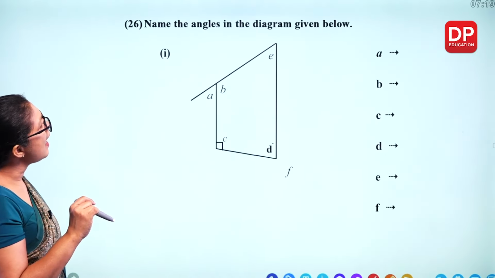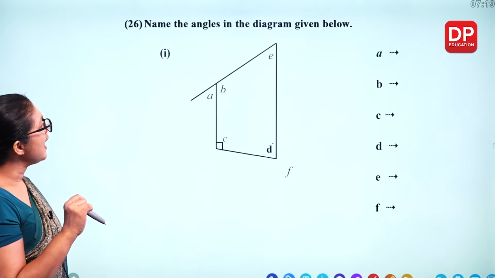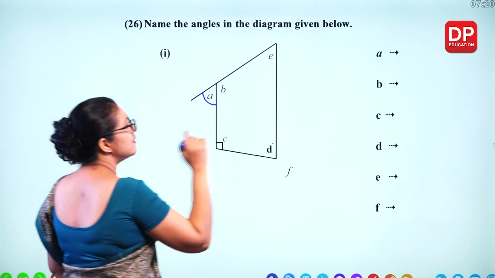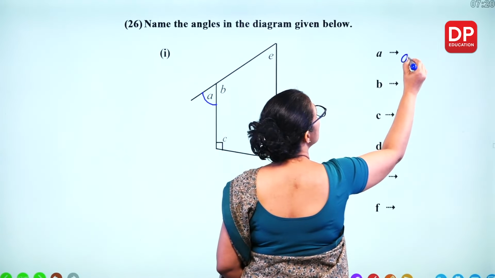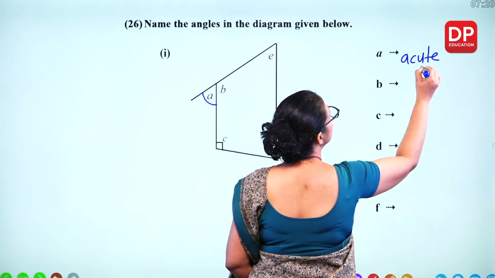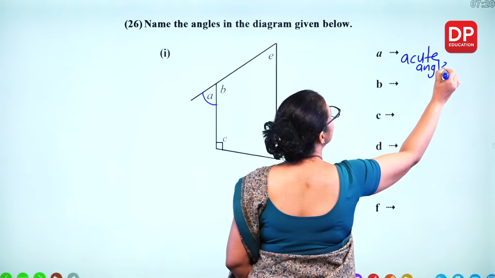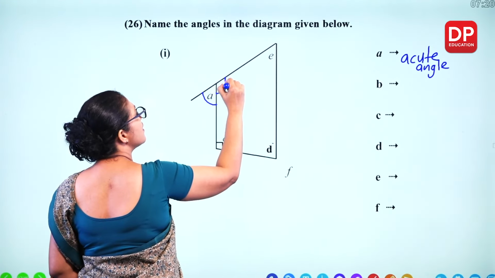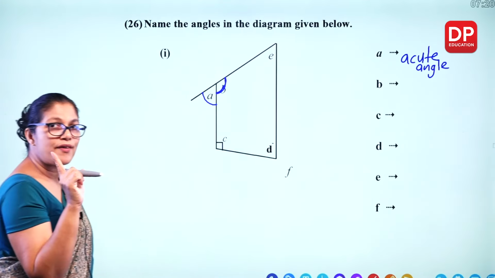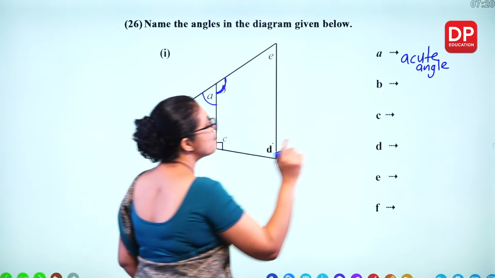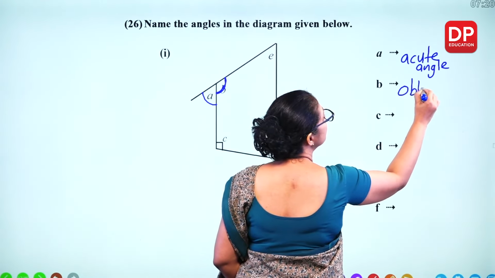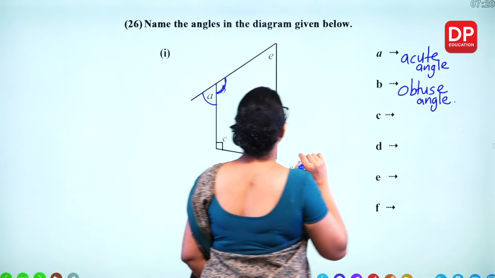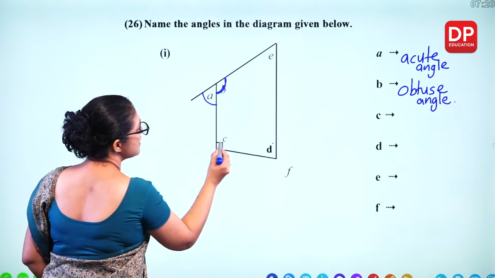Name the angles in the diagram given below. A. A is here, a small angle. So we can say that's an acute. B. B, you can see this one, more than one right angle. So that's an obtuse angle. C, can you see this symbol?